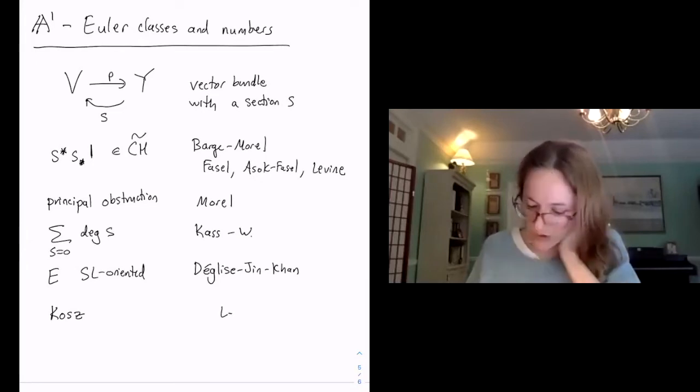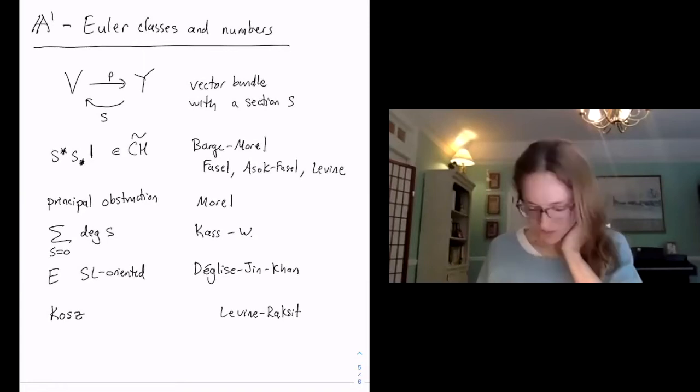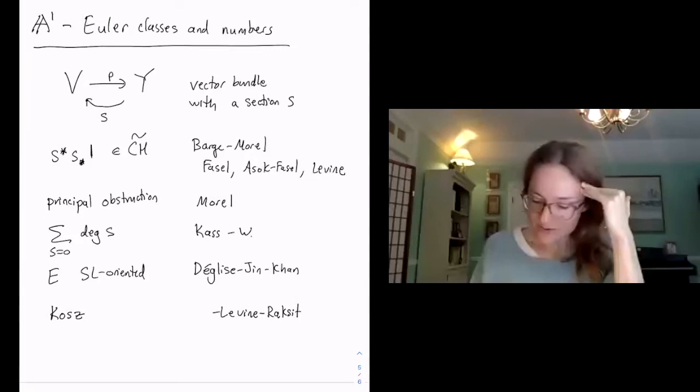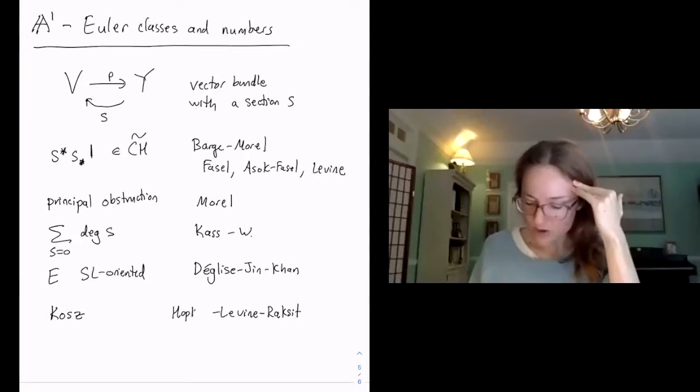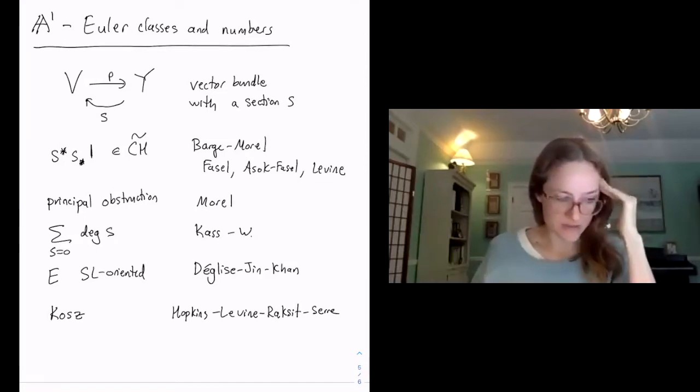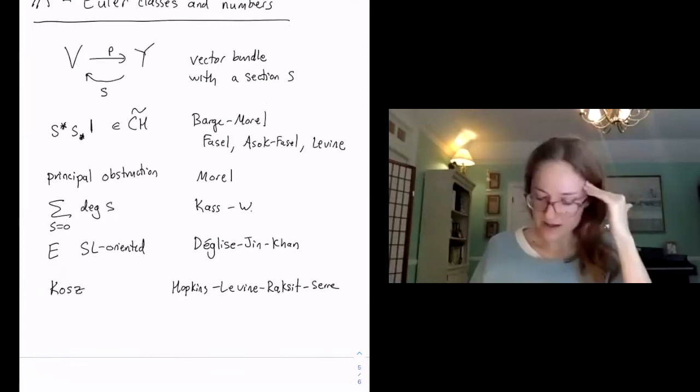In joint work between Levine and Raksit, they show that this is the Euler class for the tangent bundle. Mike Hopkins actually, after a talk I gave, eyeballed the pairing on the Koszul and asserted it was the same. And I've heard Mark tell a nice story about a similar response of Serre. I'll just put everybody's name down if that's okay.